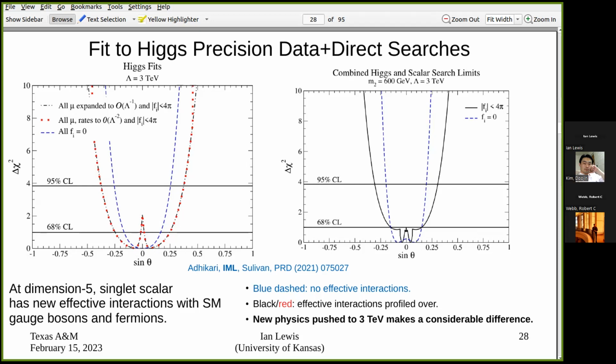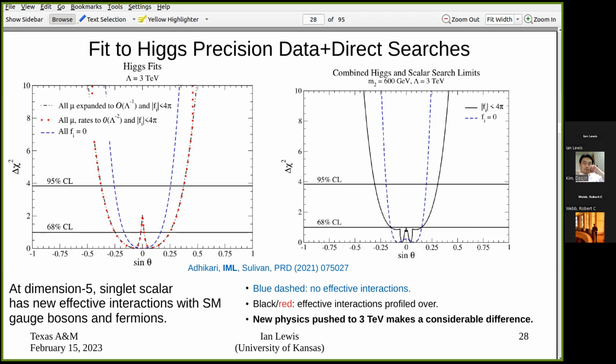And stranger things happen when I try to combine my Higgs fits with direct searches for these scalars decaying to W's or top quarks and stuff like that, at 600 GeV. Again, the blue is what I get in the renormalizable model, and the black is what I get when I add in these EFTs.